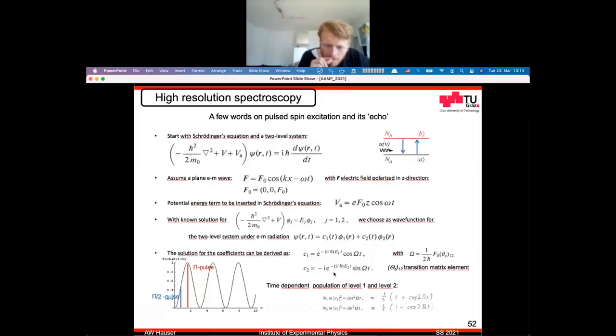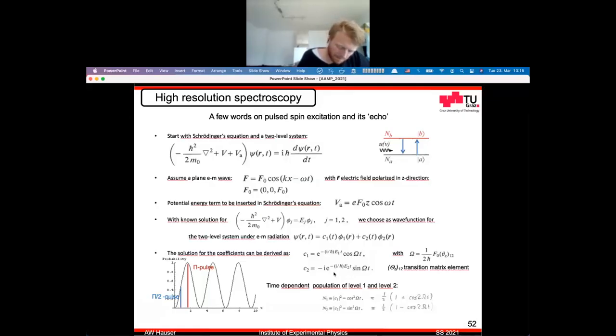And so this means, okay, in the time domain, if I choose my excitation length, the time I'm exposing the system to this perturbation, and adjust it accordingly, I can exactly adjust the population.